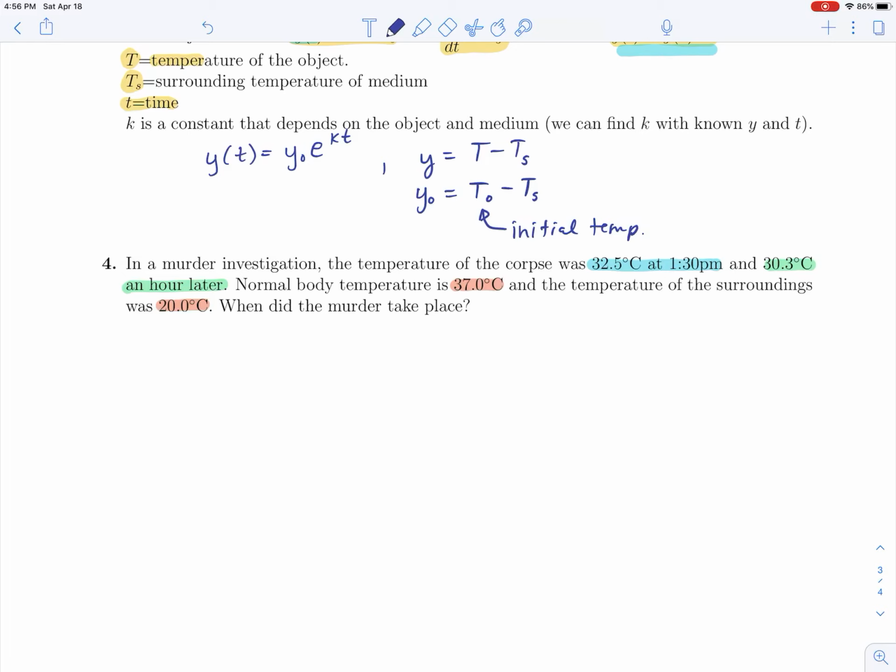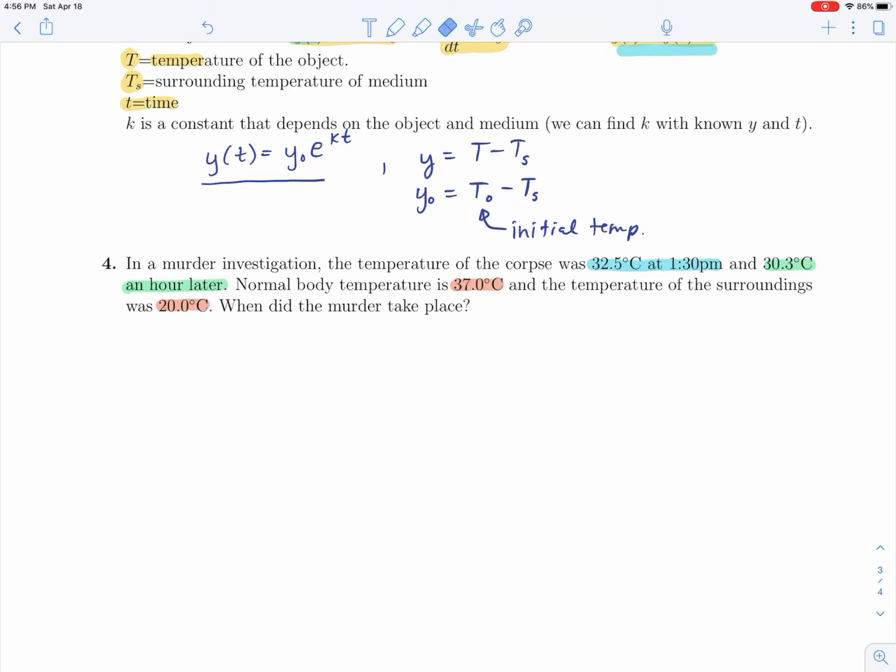Okay, so what we have here, I want to pick up the information here. So we're going to have this model. We're going to use this. And so, first of all, this 37 degrees, well, let's not use that just yet.